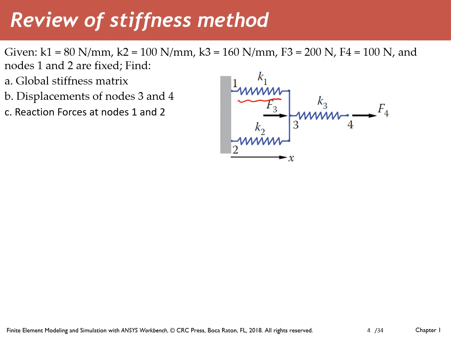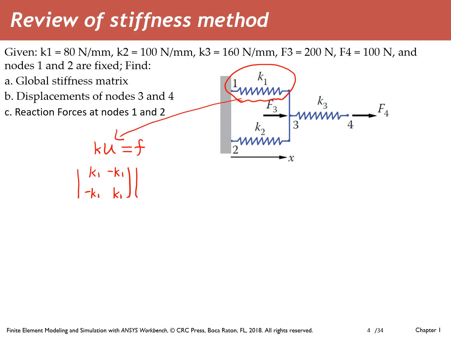Last lecture, using the stiffness method, we were able to establish the local or element equation for each element. For each spring, the stiffness matrix will be [K1, -K1; -K1, K1] times the displacement for element 1, or spring 1.